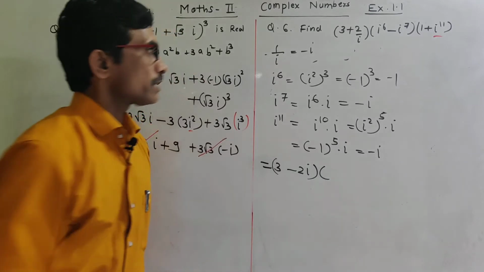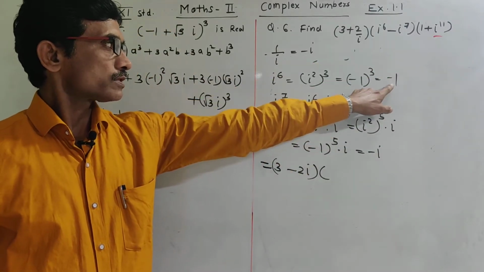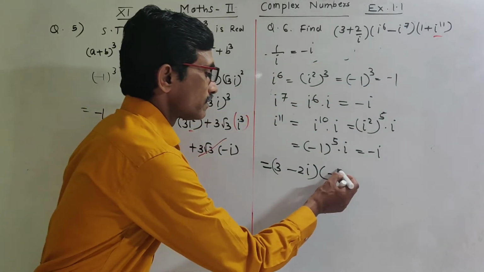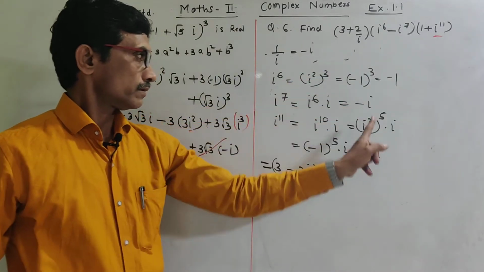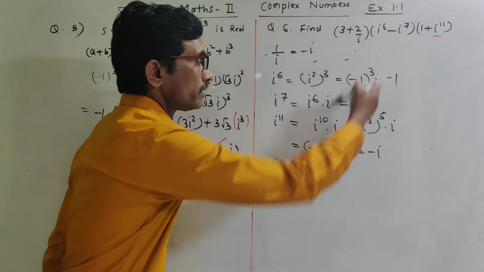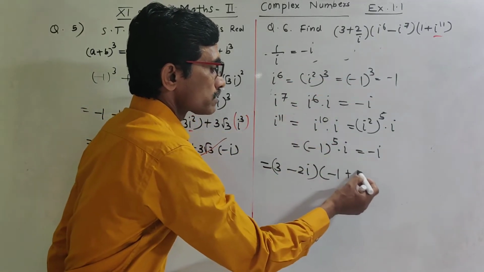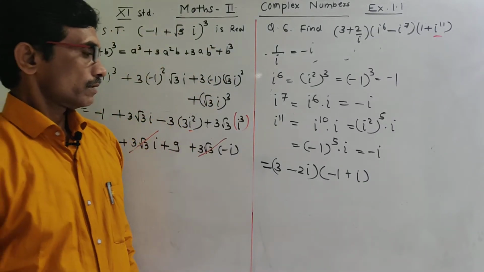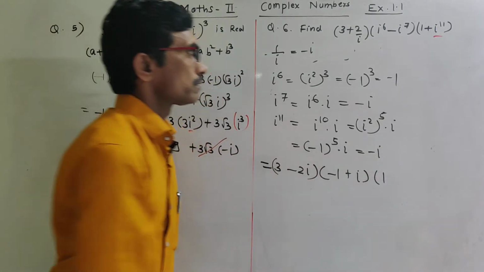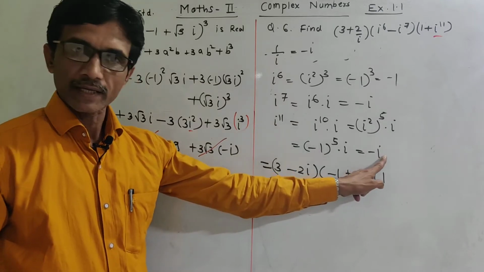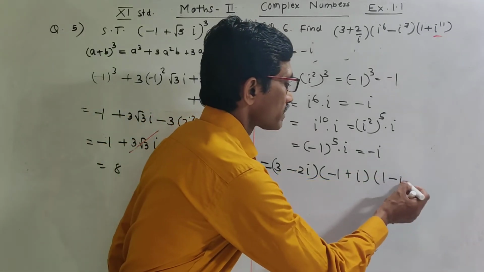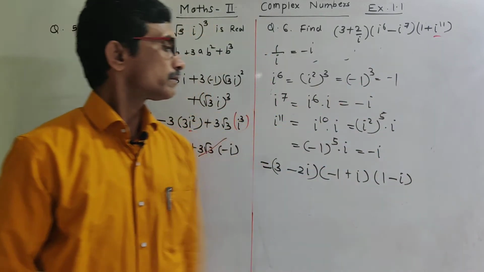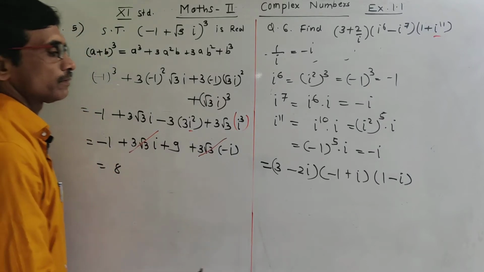And i raised to power 6 is -1, i raised to power 7 is -i, and this minus and minus will be plus i. 1 plus i raised to power 11 is -i, so it is minus i raised to power 11. Then we solve it, multiply it.